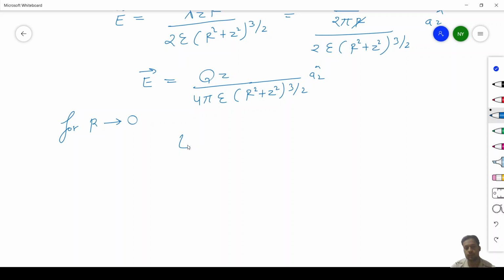We have E is equal to q z upon 4 pi epsilon z square to the power 3 by 2, that is z cube, in the az direction. So the final equation shows that it will act like a point charge.